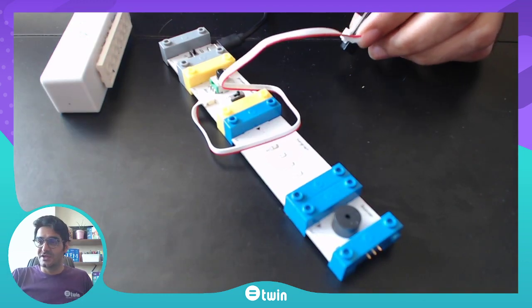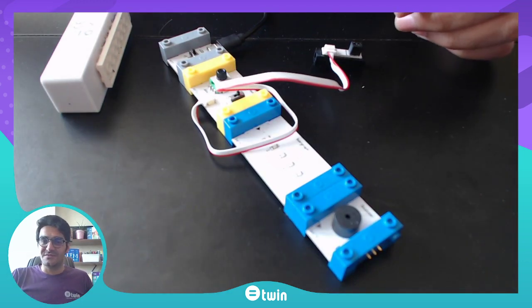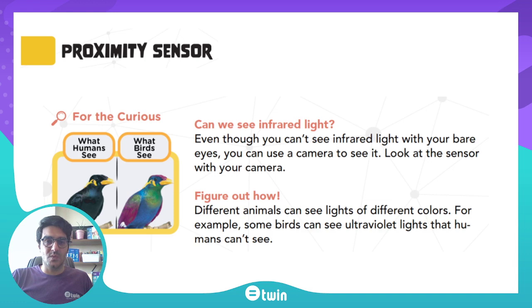Another fun fact about infrared light: we see only a little amount of the light spectrum, the visible spectrum, which has maybe the colors of the rainbow, until red. After red, we have infrared light, and after violet, we have ultraviolet light.